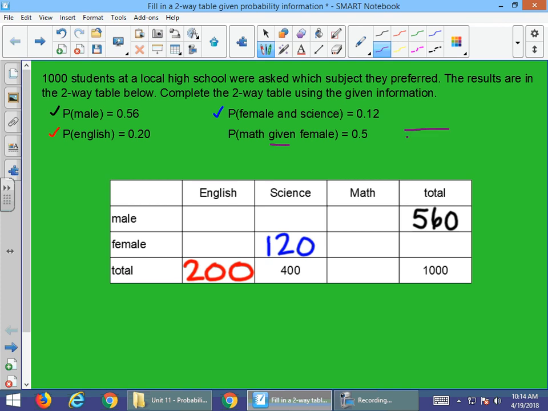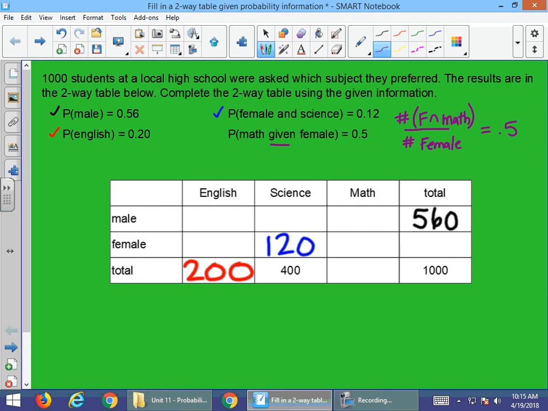So that means I am going to divide by the number of females, and of those females, the number that are in math. So of those females, which ones are also in math? And this has to equal 0.5.